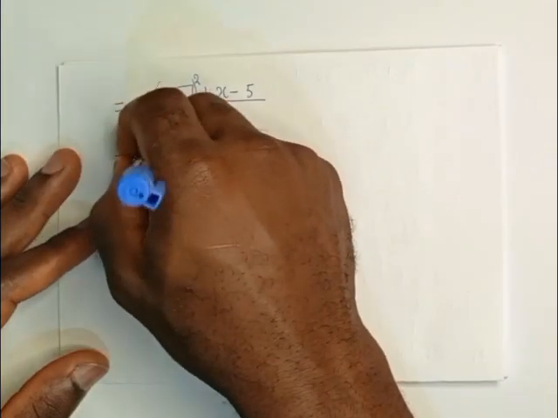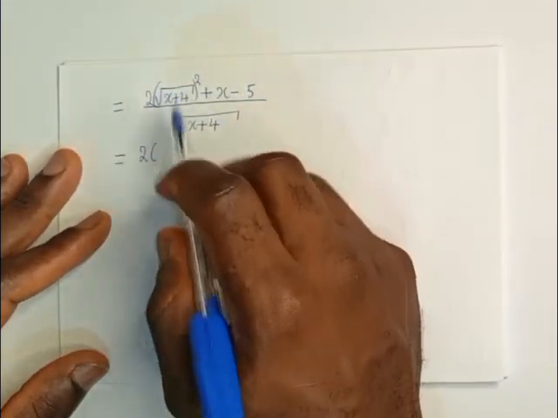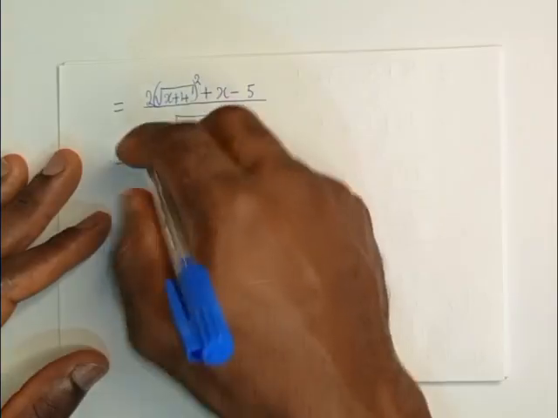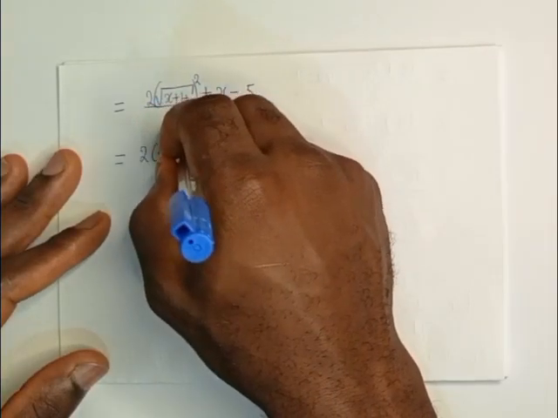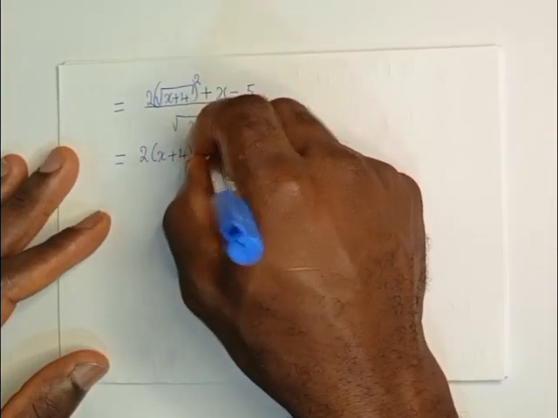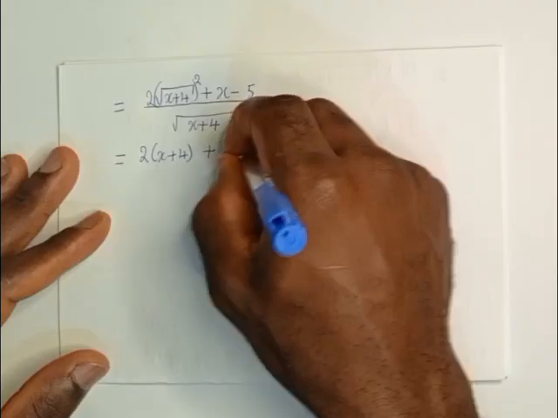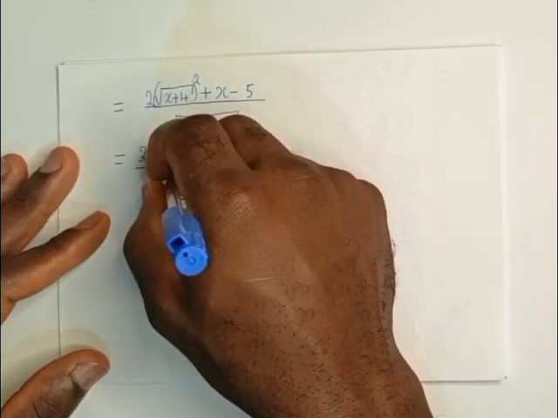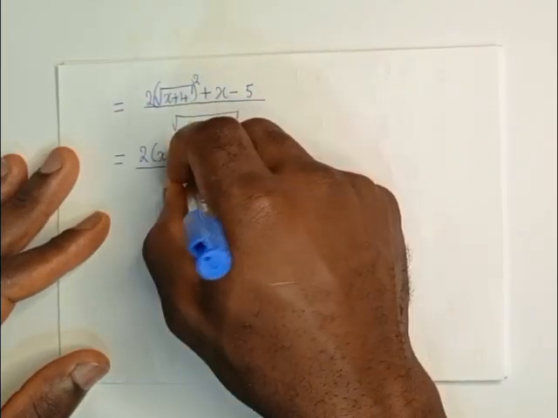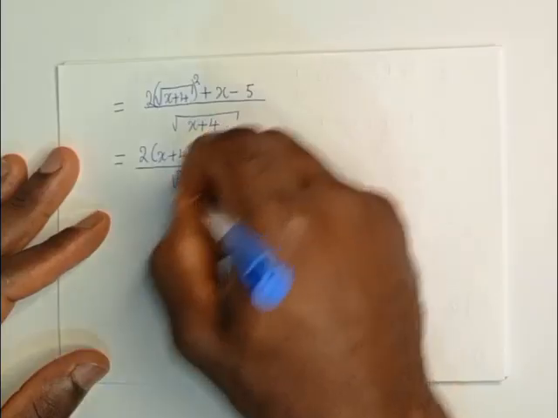This will simply be equal to 2 times x plus 4, since it strikes off, plus x minus 5 all over the square root of x plus 4.